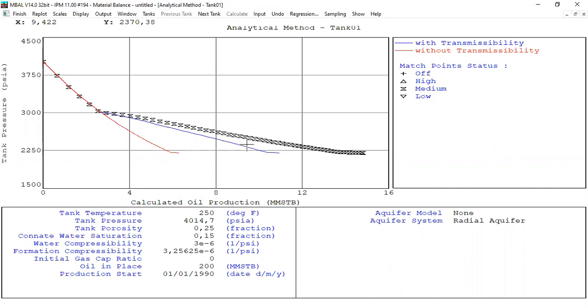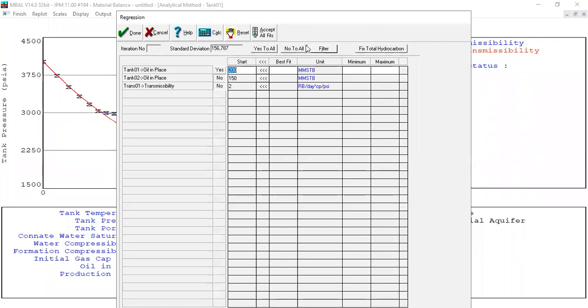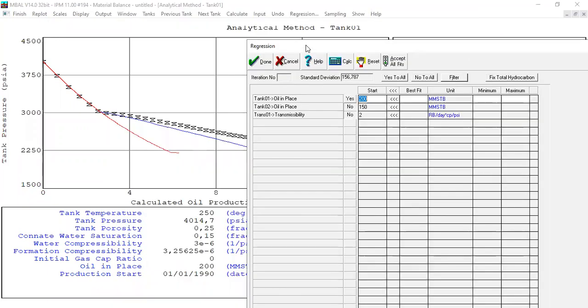So what I need to do now is to regress. Regression. Okay, I need to regress because I'm still not sure about the transmissibility and about the oil in place. So I will keep the 200. Let's say I'm sure.